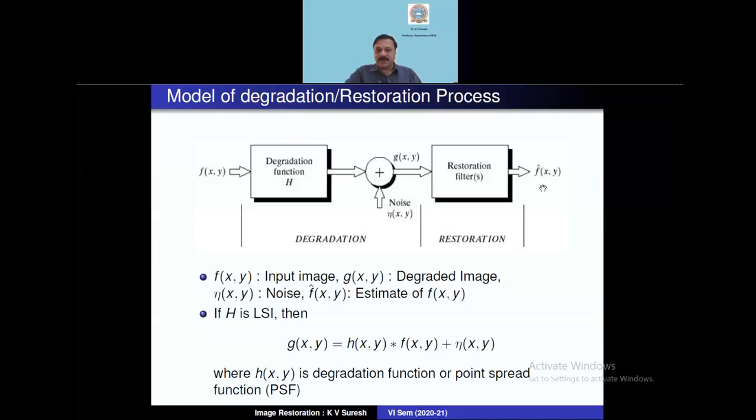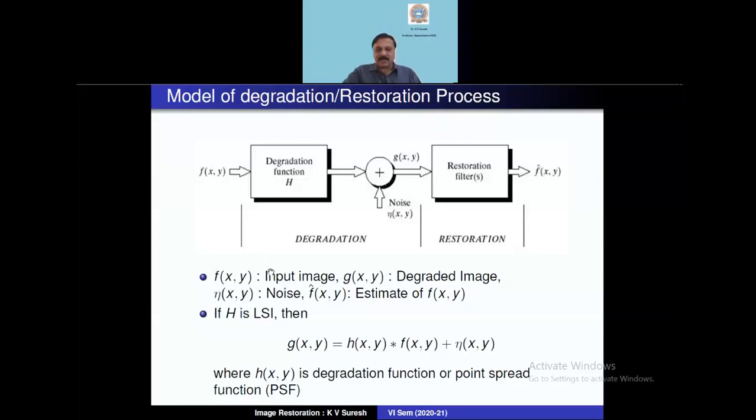So the efficiency or capability of your restoration algorithm is decided by how close I am going to f. That means what is the error between f and f hat. The lesser this error, the more efficient is the restoration algorithm. So the whole of our challenge is how good I can restore so that I can go very close to the original image.